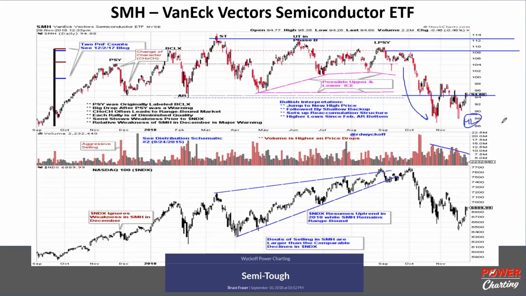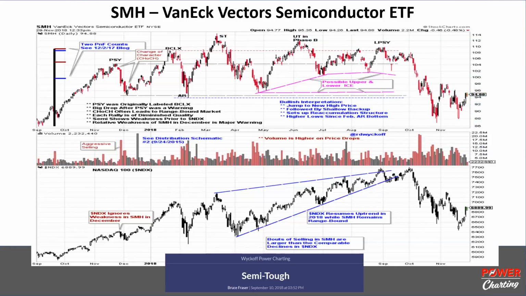Well, look, we're back into the trading range now. So we're trying to get above old support, which is new resistance. And if we can get back up in there, it creates room and freedom for SMH to rally up towards the resistance areas, which could go halfway, it could go further.